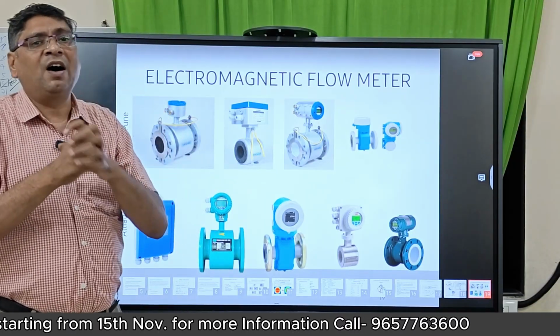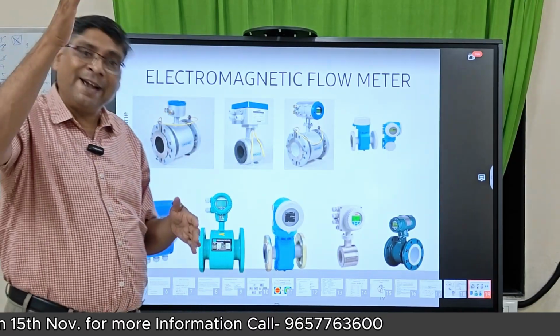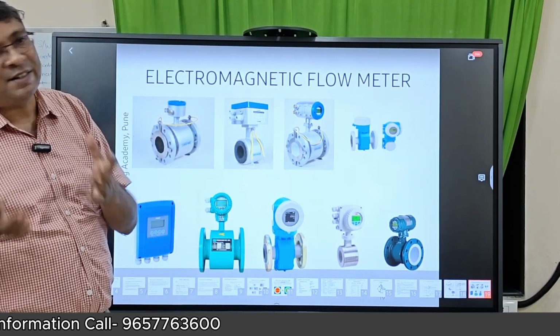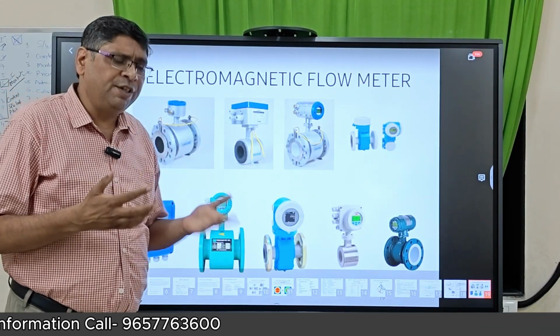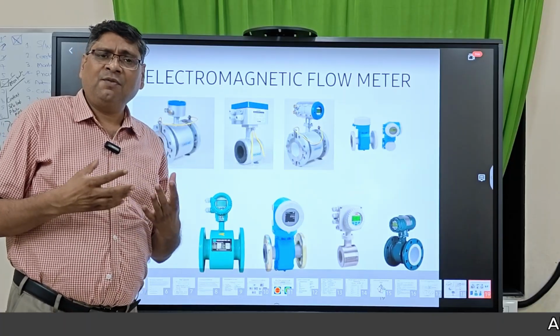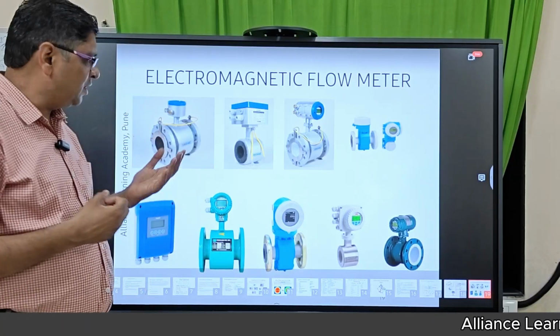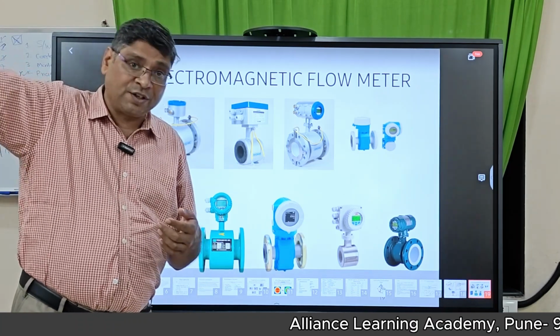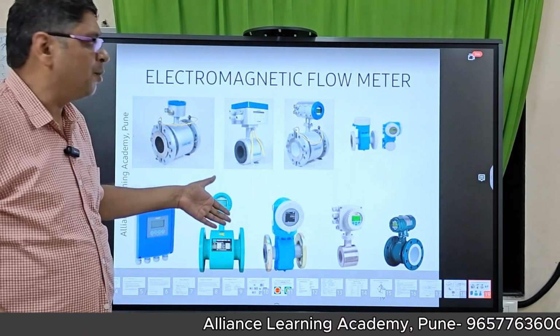Today we will see our 4.2. If you see our table, 4.2 is our electromagnetic flow meter. In the same way as we saw our orifice plate delta P flow meter, similarly we will see it here. First we will see how this electromagnetic flow meter looks.